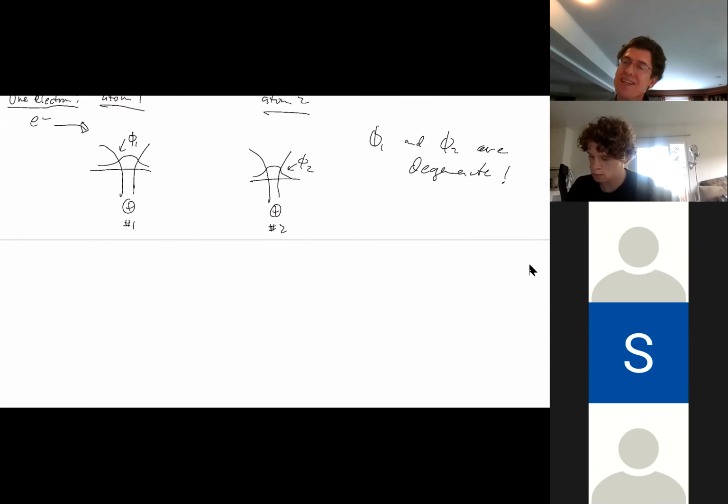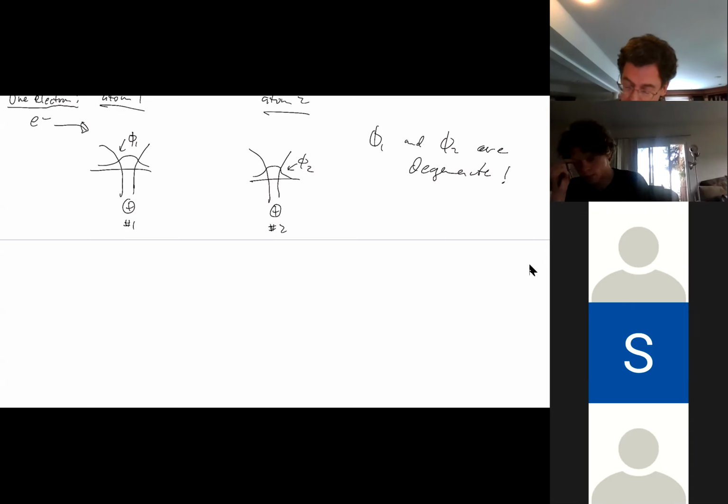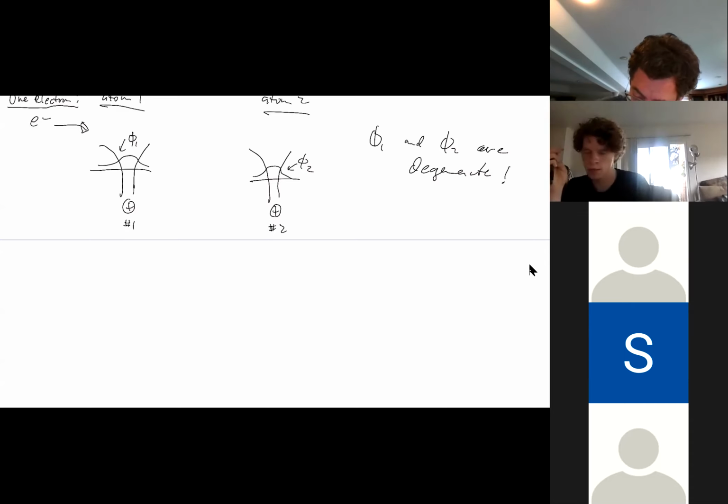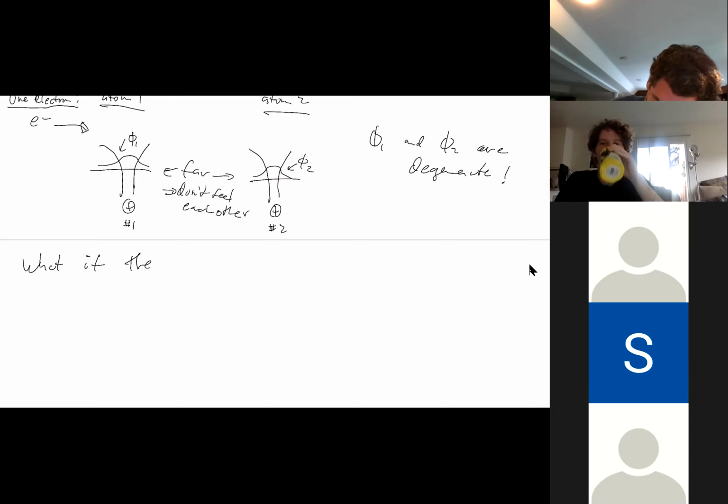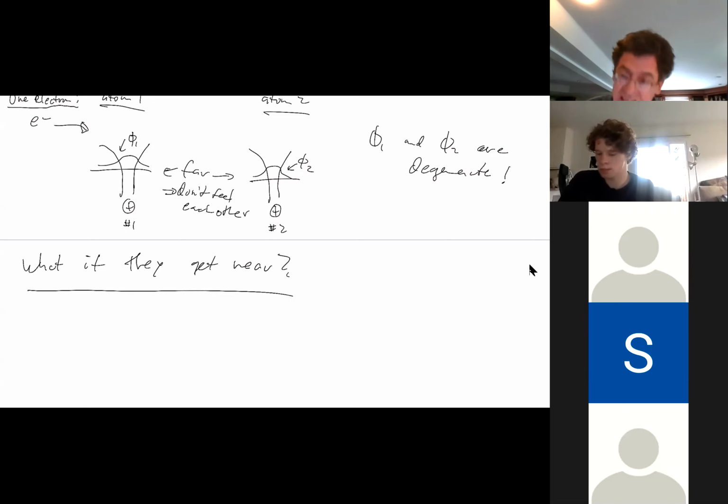Those are two degenerate states, because if the atoms are far apart, they don't feel each other. But what if they get near to each other? Then they feel each other.